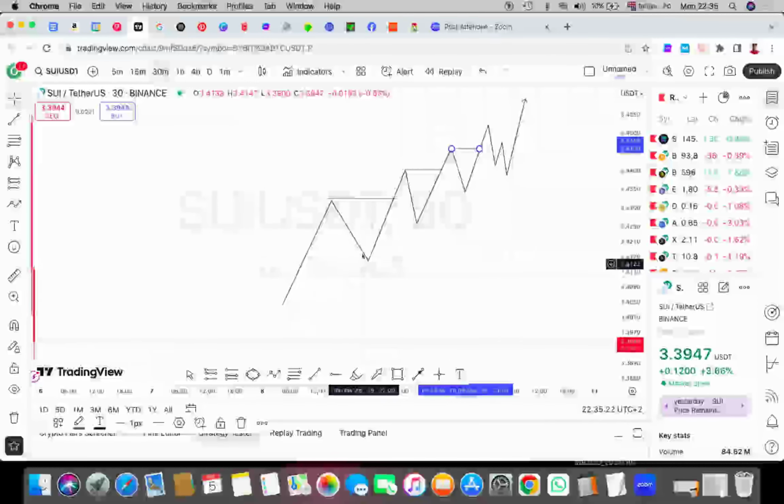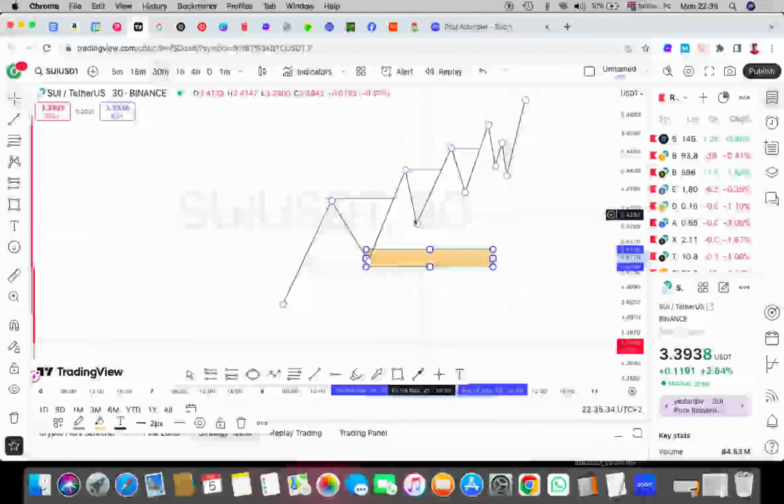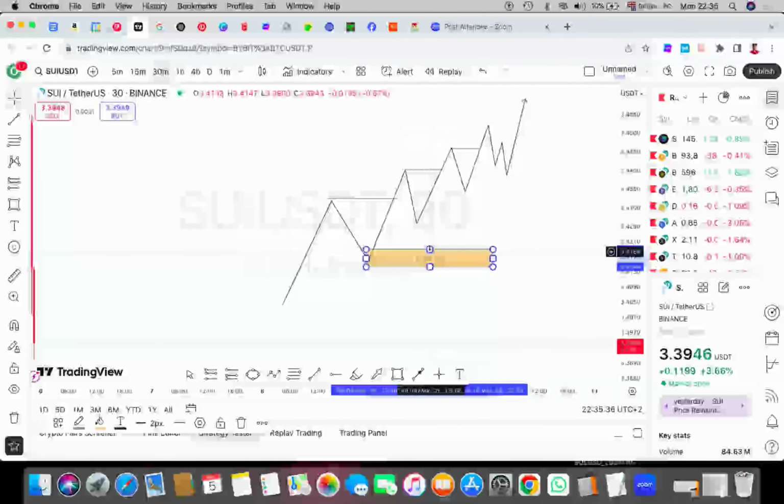So now we know that this might be a block, right? Our other block, after we see all the scenarios here, the institutional candle, and this might be a block. If price doesn't come here to pick this order, right?